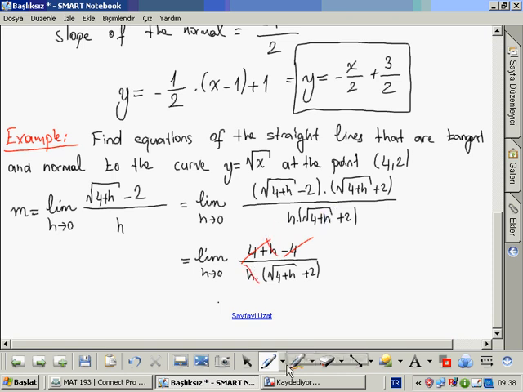Then the limit as h goes to 0 of 1 over square root of 4 plus h plus 2 is equal to 1 over 2 plus 2, which is 1 over 4.